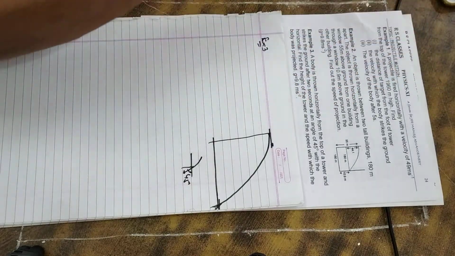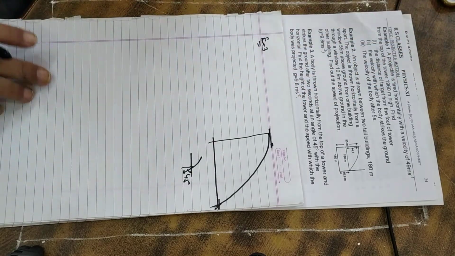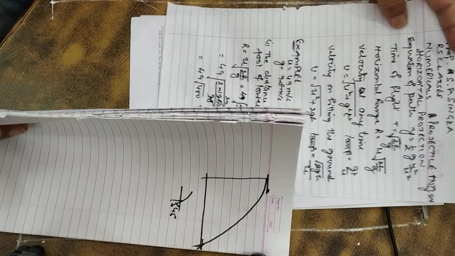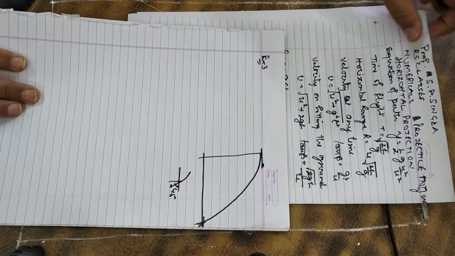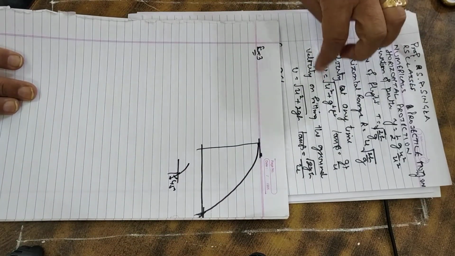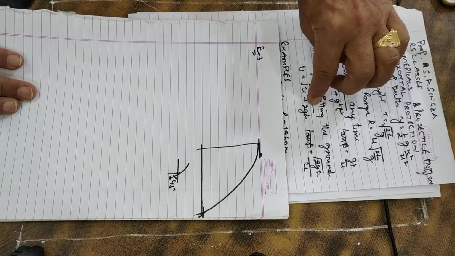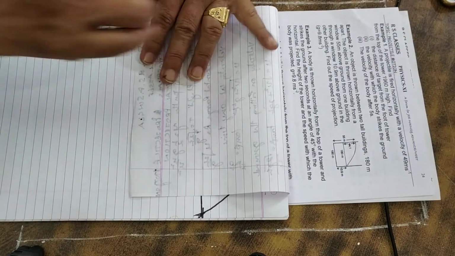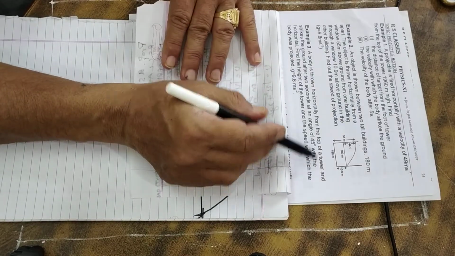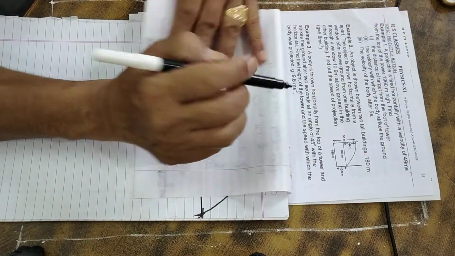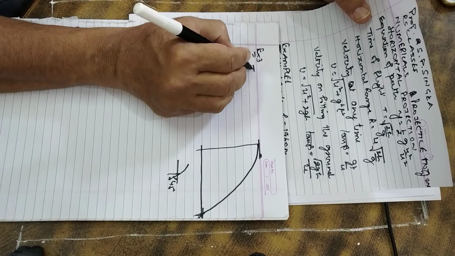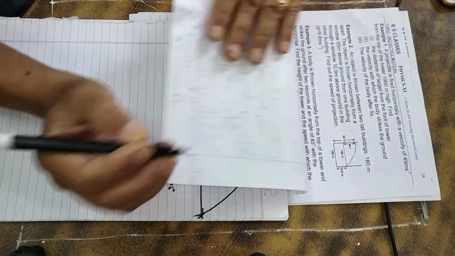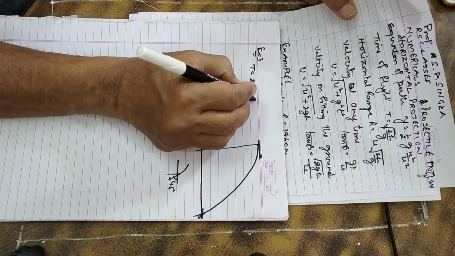Okay, so these are the formulas given to you. Velocity on hitting the ground is this much and tangent beta is this much. In this question, a body is thrown horizontally from the top of a tower, strikes the ground after 2 seconds. Time is given, at an angle of 45 degrees with the horizontal. This is beta.